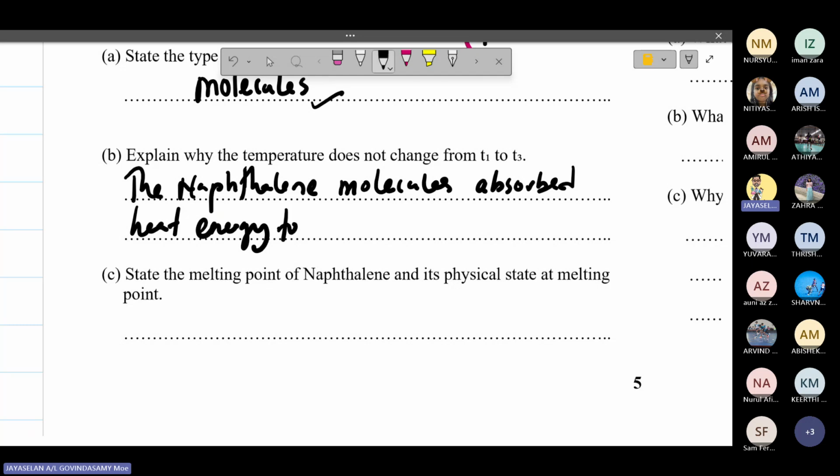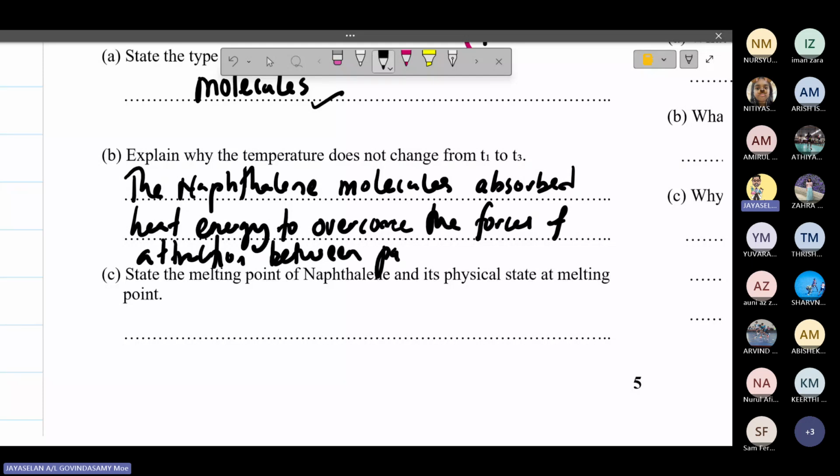Then you put here, to overcome the forces of attraction between the particles. You already score point number 2. Any question? No question. Okay, so the naphthalene molecule absorbs heat energy, 1 mark, to overcome the forces of attraction between the particles, 1 mark.